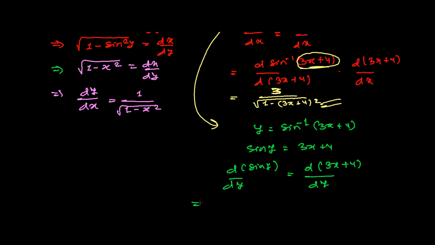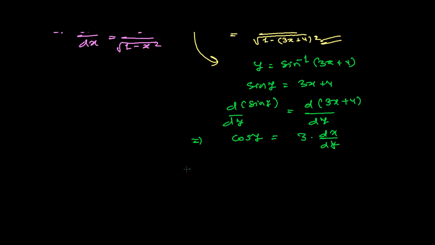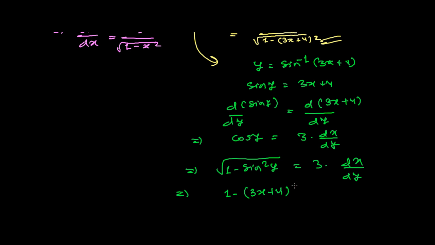Then you get the derivative of sine y as cos y, and the derivative of 3x plus 4 gives 3 times dx over dy. Further, for cos y you can write root of 1 minus sine squared y, and you get 3 times dx over dy. And what is sine y? Sine y is actually 3x plus 4, so that is root of 1 minus (3x plus 4) whole squared, equal to 3 times dx over dy.